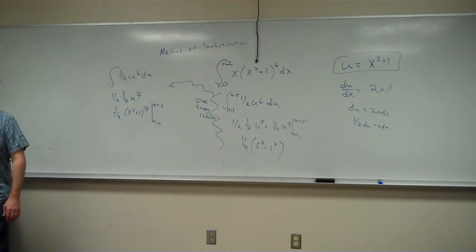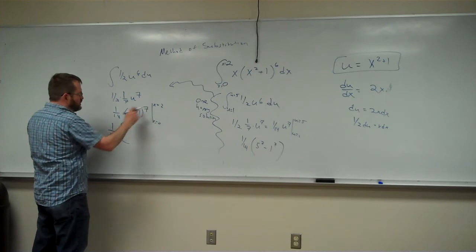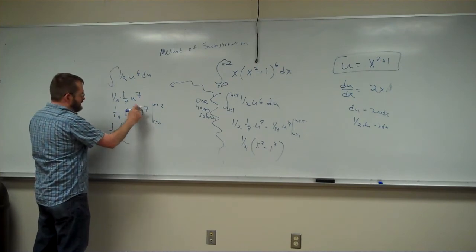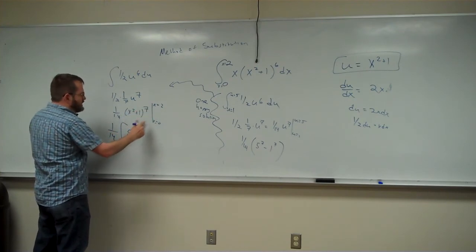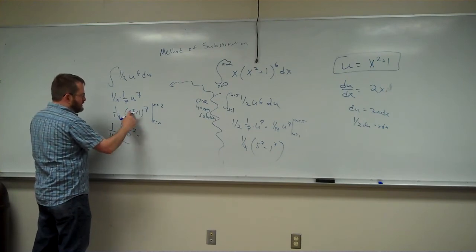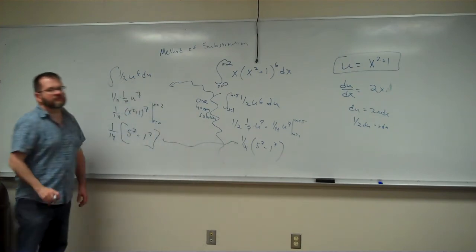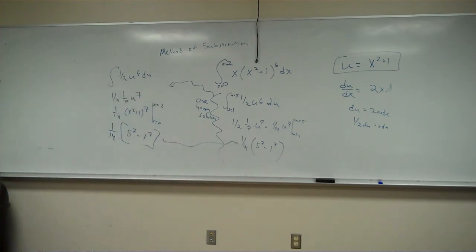Put that back in there. So this is 1/14 times, plug in the 2. Let's see, that would be 5 to the 7th power minus, now plug the 0 in there, 1 to the 7th. Hey, wait a minute, these things are the same. As well they should be.